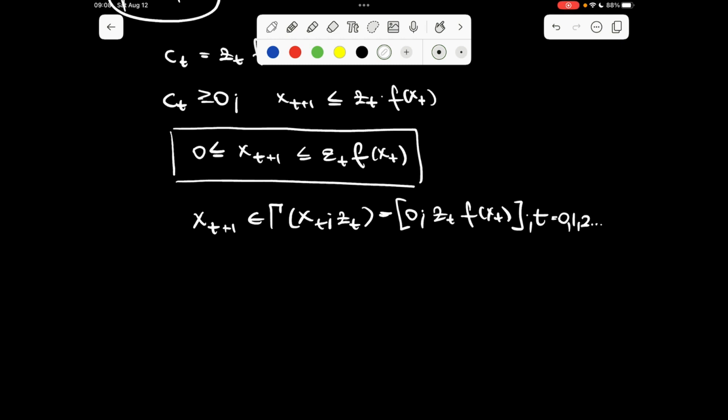So we can give the set of feasible plans by declaring that for every t, decisions must be in the feasibility set. So that's all for problem A.